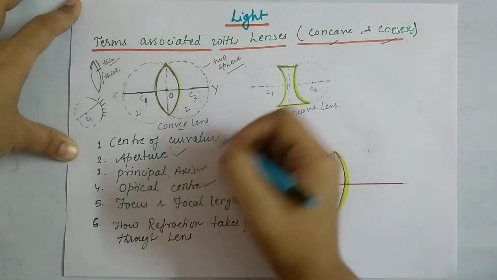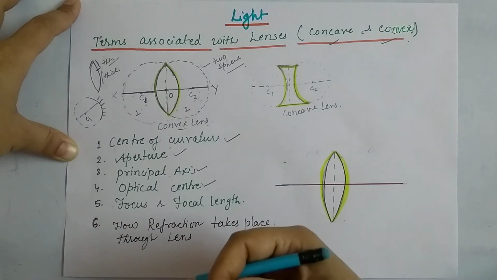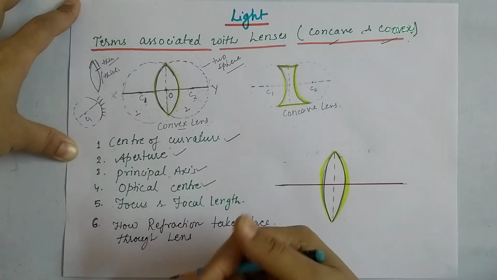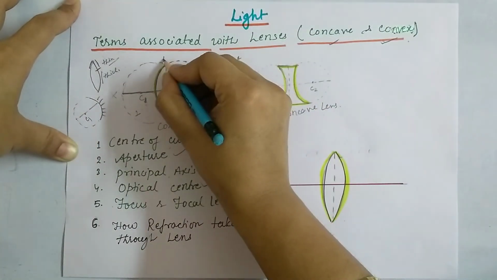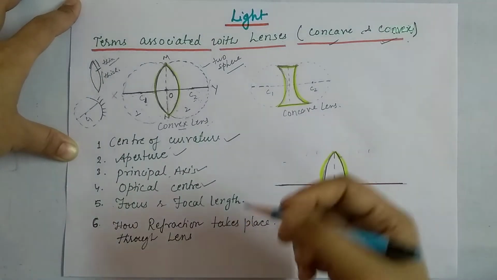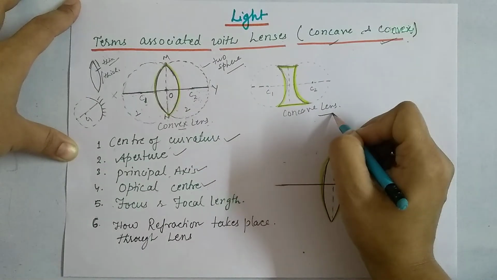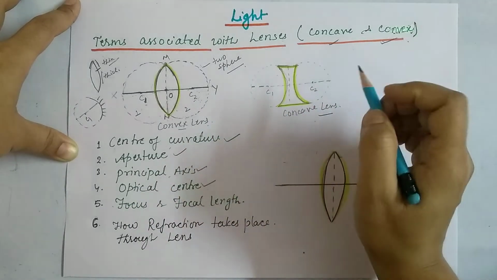Aperture, we know that the part which is used for the refraction is called aperture. Basically this M and N part is called aperture. The same is in the concave lens also. The same type of terms are used for the concave lens also.